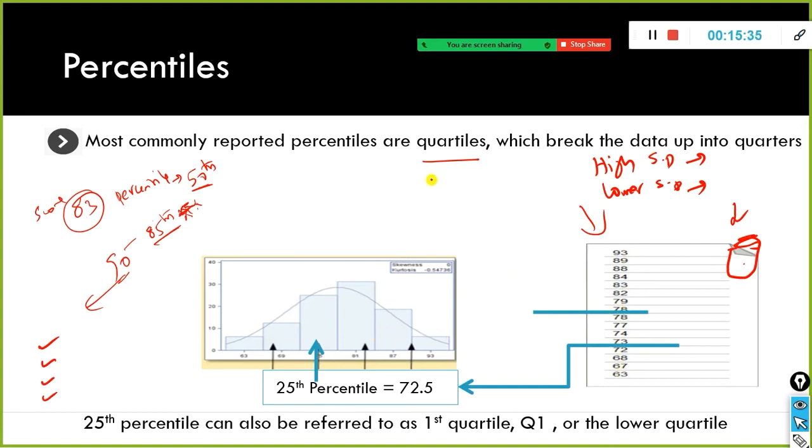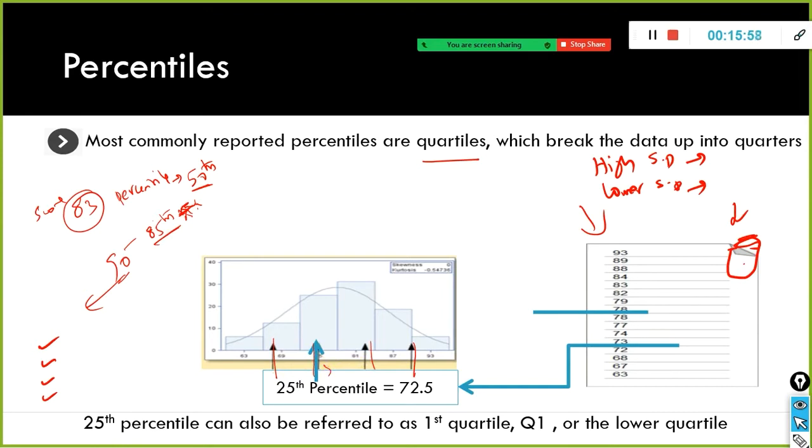What is quartile? It's a quarter, right? So we need to divide this data into 4 equal parts. This is quartile 1, quartile 2, quartile 3, quartile 4. So we divided the entire data into 4 equal parts. The first part is 25th percentile. The second one is 50th percentile. We don't say 50th percentile, instead we say median, and then 75th percentile.